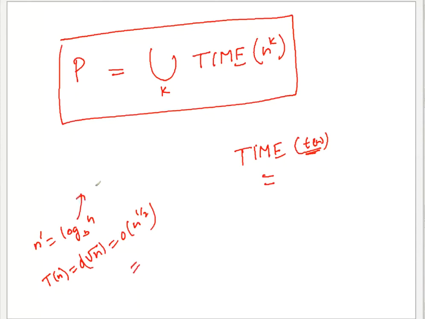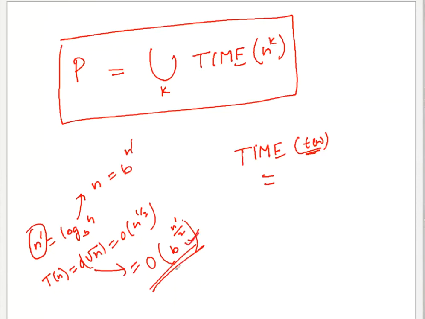From here you can say, what is the value of n? It is b to the power n dash, right? So n to the power half will be what? Order of b to the power n dash by 2. N dash is the input size, and this is the running time, order of b to the power n dash by 2.